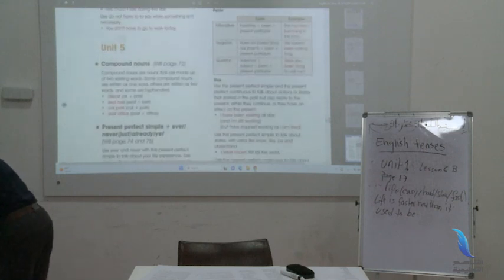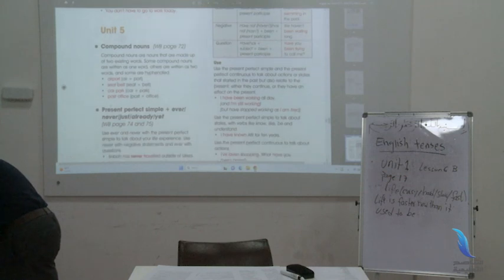In unit number 5, we can see the compound nouns. Compound nouns are nouns that are made up of two existing words. The examples: airport, seat belt, car park, post office.